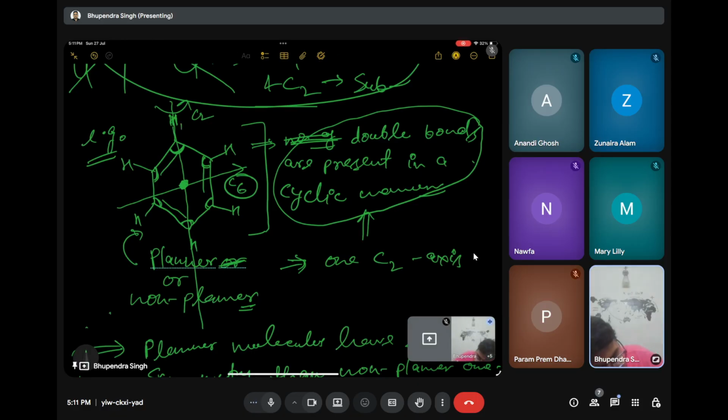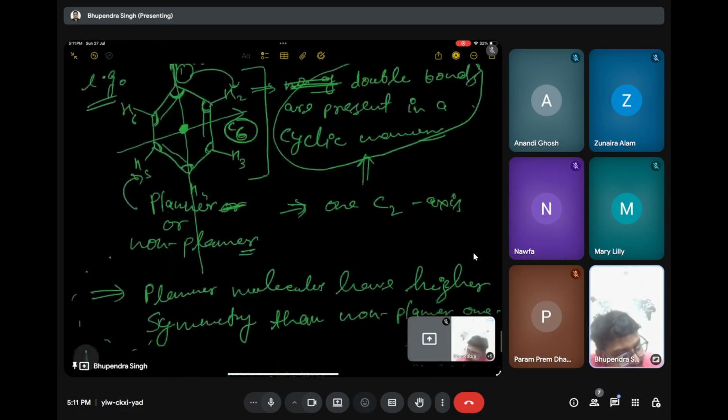Let's consider the hydrogens H1, H2, H3, H4, H5, H6. So H1 will go to H2 and so on. So C6 is present here. So what I know from this molecule is that one C6 is present. Simply, nothing else.